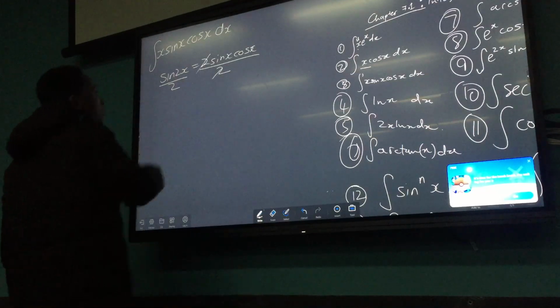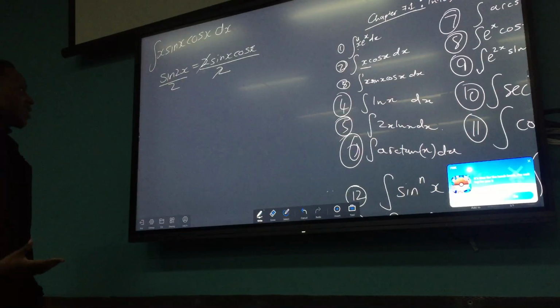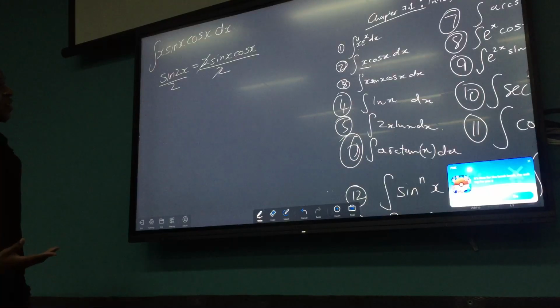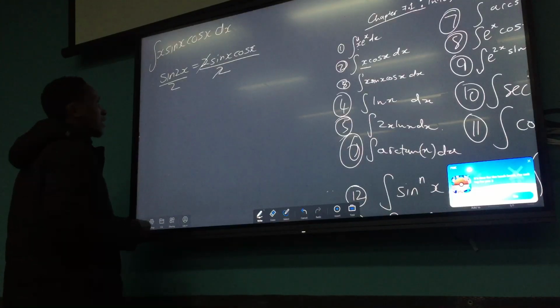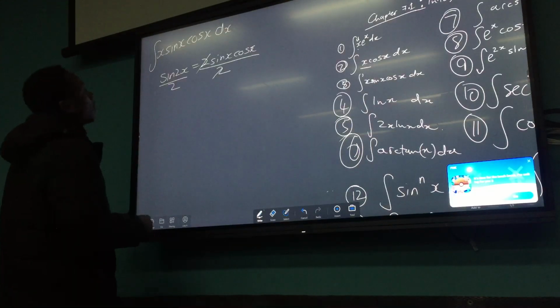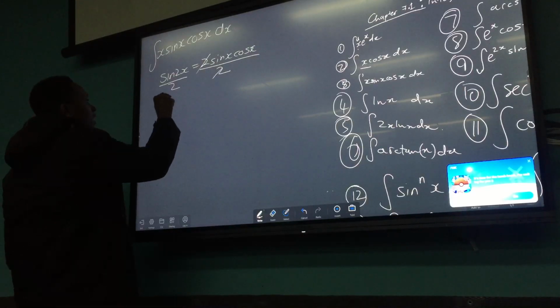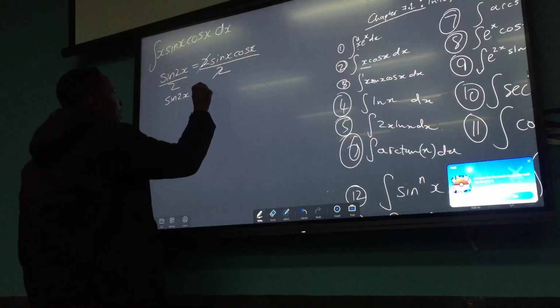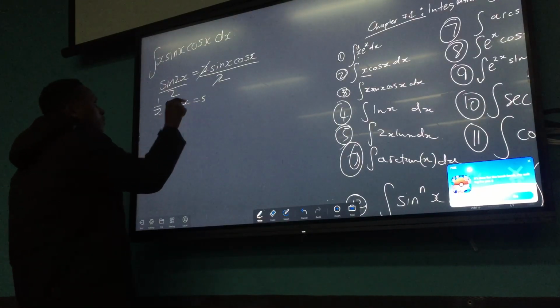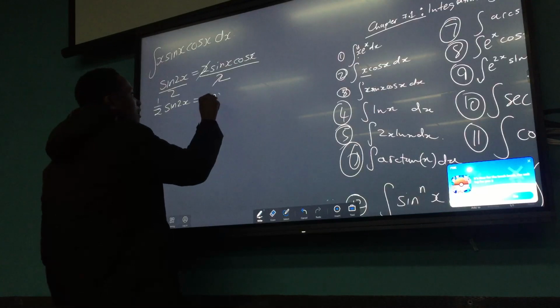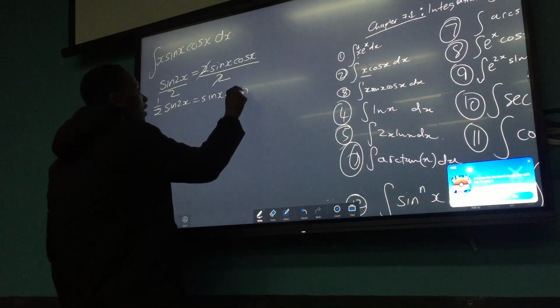Because if 2 sine x cos x is equal to sine 2x, then sine x cos x has to be equal to half of sine 2x, right? So it actually makes sense. So half of sine 2x is equal to sine x cos x.